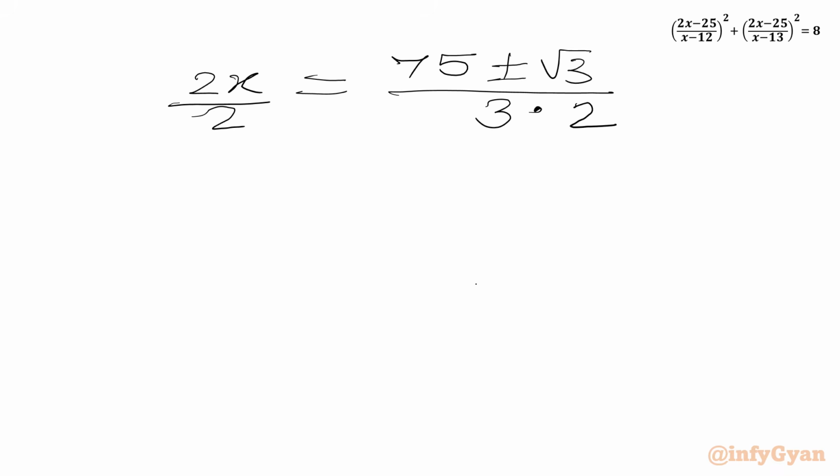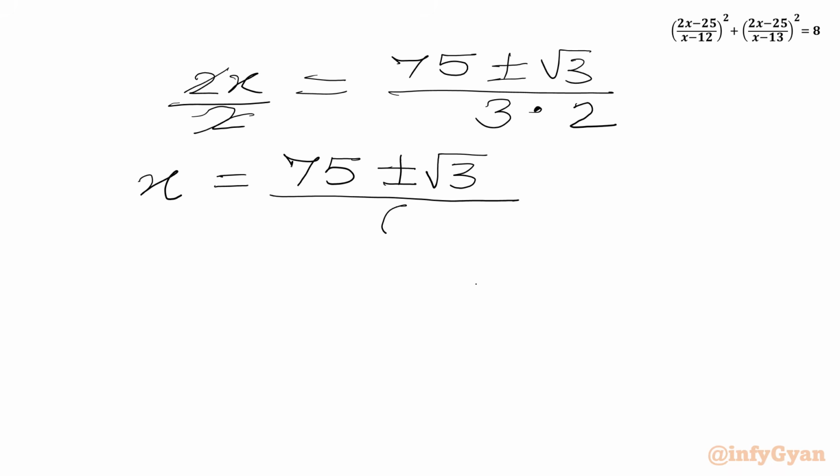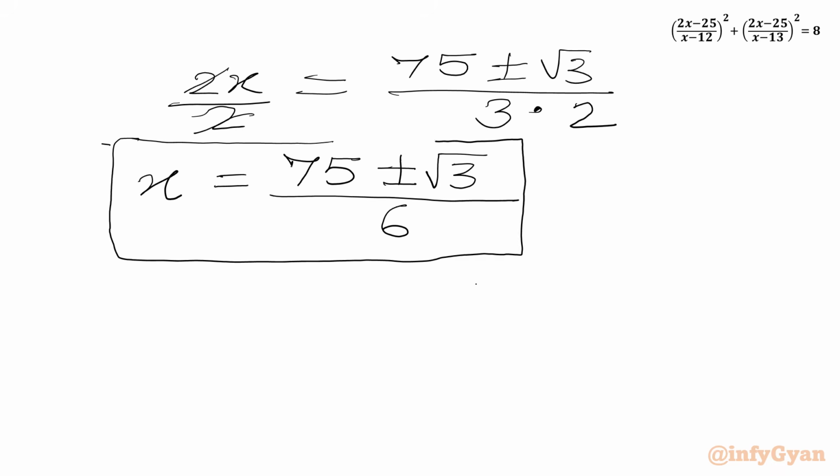So we will multiply our denominator by 2. 2 over 2 will be 1. We are going to get x equal to 75 plus minus square root 3 over 6. So here we have two real values of x which will satisfy our equation.